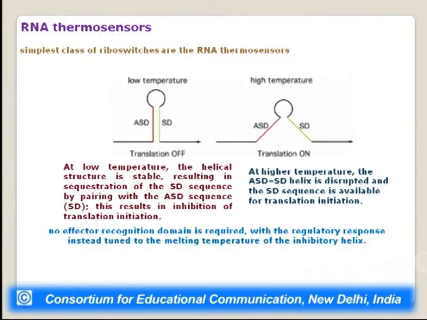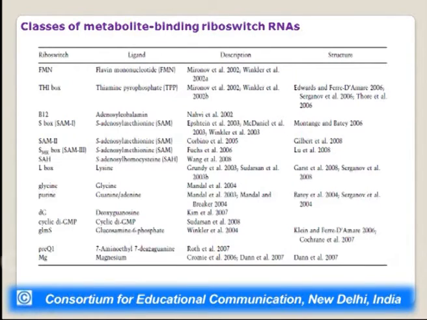The classes of metabolites which bind to these riboswitch RNAs vary. The most common ligands, as they were when discovered, belong to the vitamin derivatives such as flavin mononucleotide or FMN. Thiamine pyrophosphate is found in eukaryotes, and then there are others such as S-adenosyl methionine, SAM and SAH, and amino acids which can act as metabolites such as lysine and glycine.